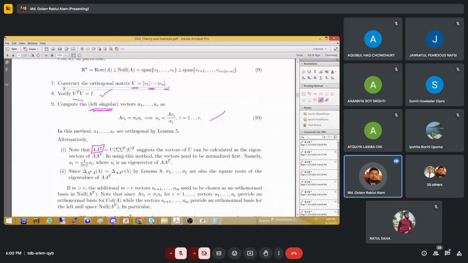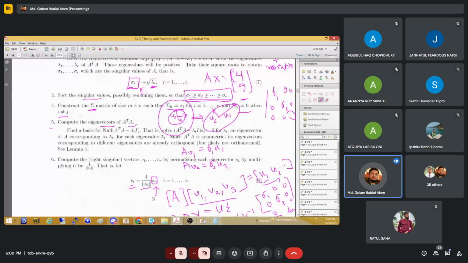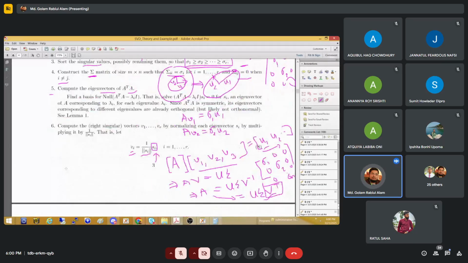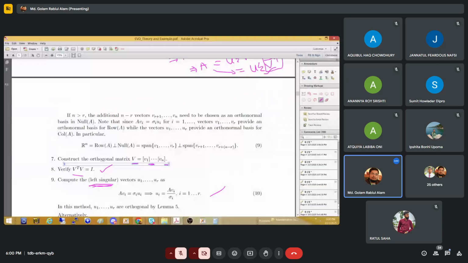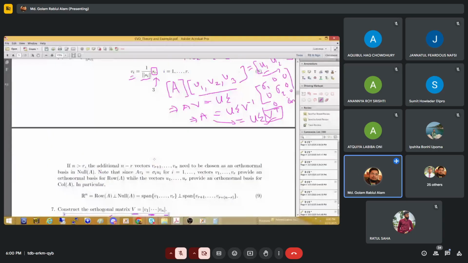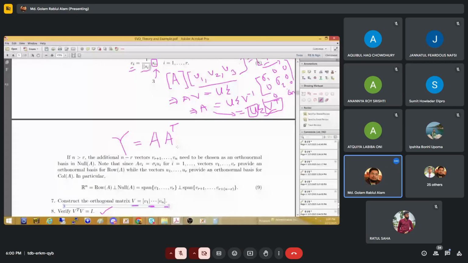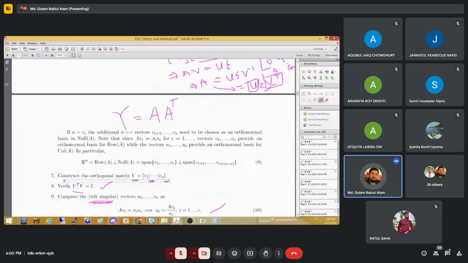Previously we computed the eigenvectors of A transpose A, but for finding this U, we now have to compute the eigenvalues and eigenvectors of A A transpose. Let's say this one is our Y. Why actually this one?